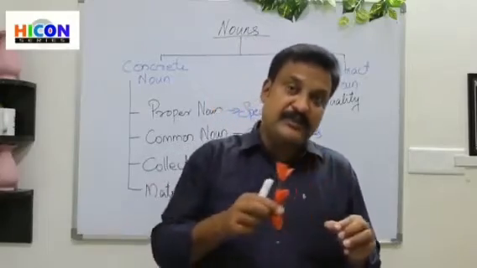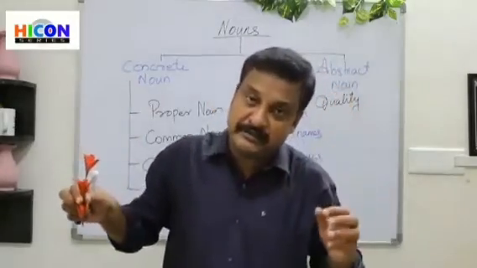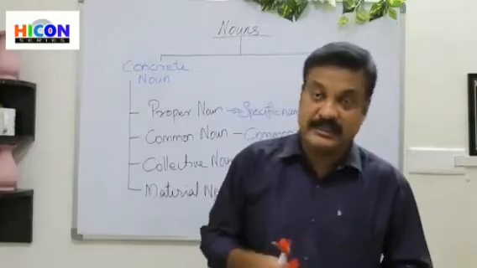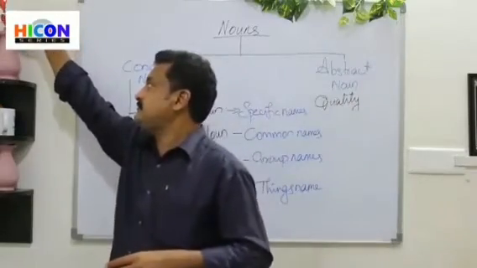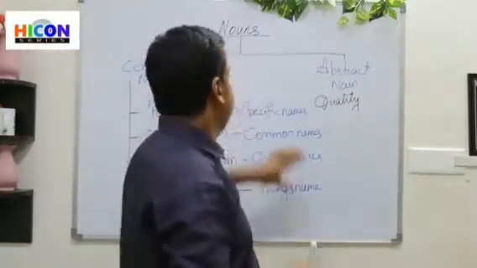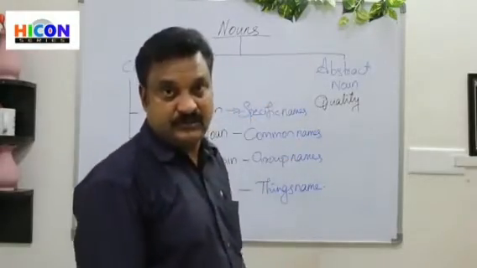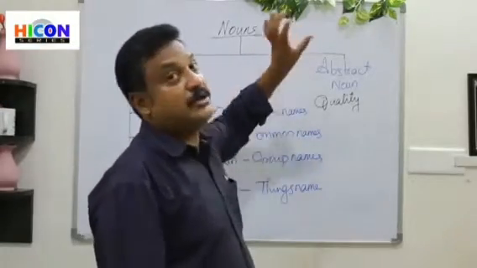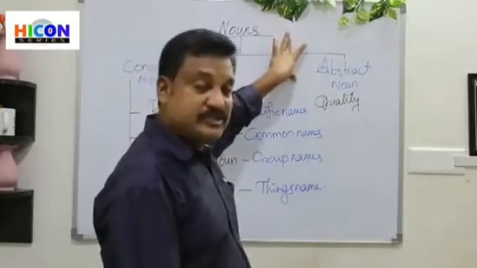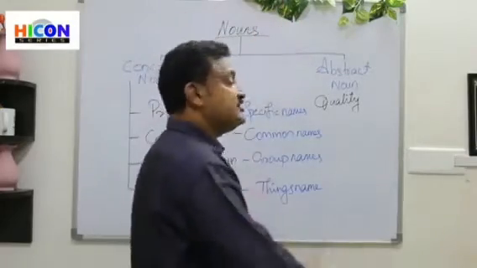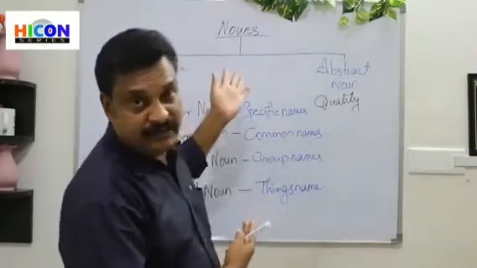If I remove this flower, will the beauty remain there? No. Or if I say whiteness, the white color of the board, whiteness of the board is a quality of this board. If I remove this board, will we get that whiteness over there?